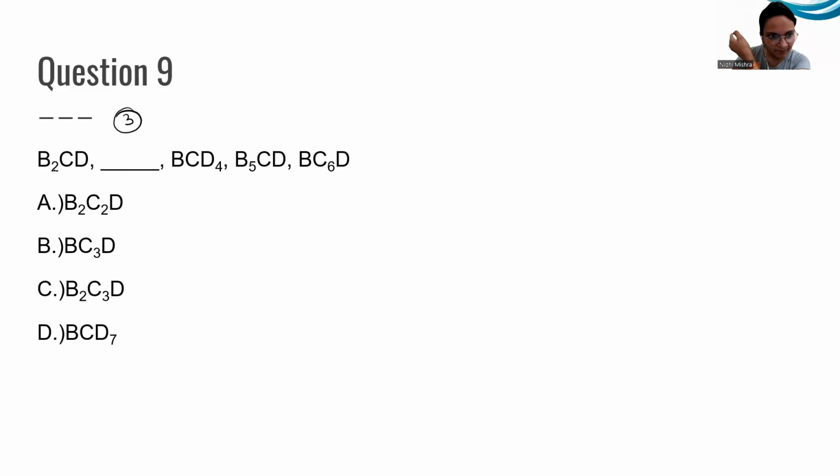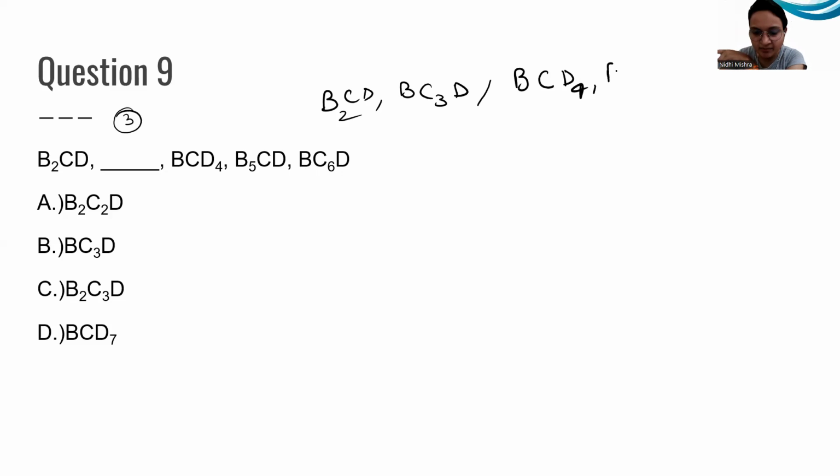First it is with B, then with D, then again with B, then C. So isn't it cyclic order? Power of B is 2, B2CD. Then with the C, the power will be 3, B C3. Then it will be B, C power will be 4, and with the D. And then B5CD. Correct, it is like this.